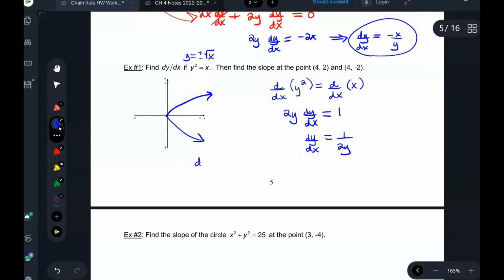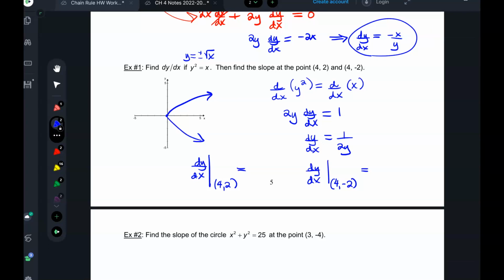So now we want to find dy dx at the point 4, 2, and we'll do dy dx evaluated at 4, negative 2. Notice this time, there's no x to plug into. So that means your slope for this function is based solely on your y coordinate, okay?